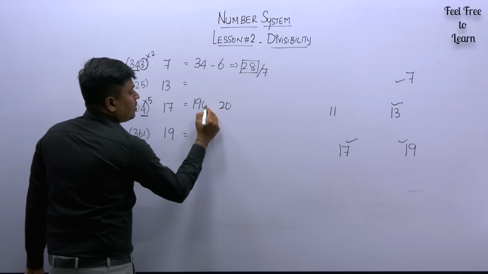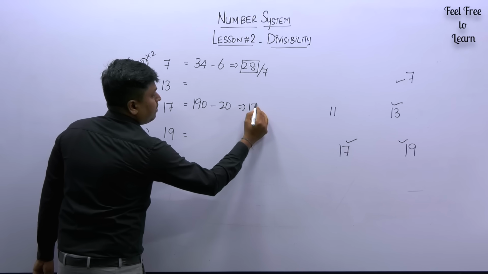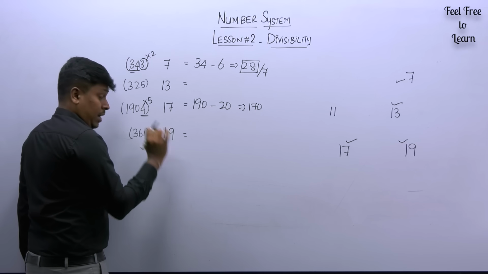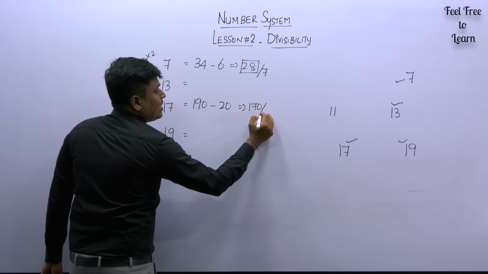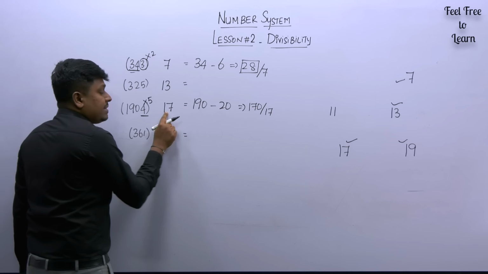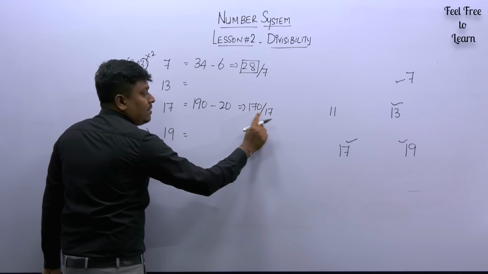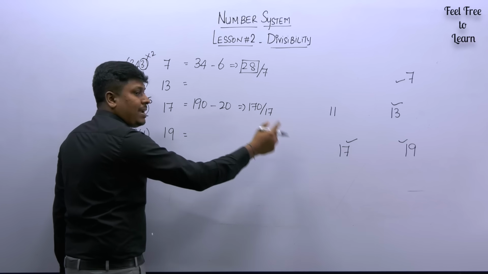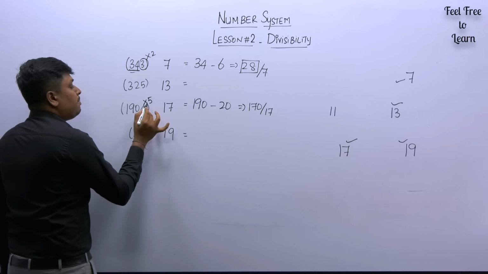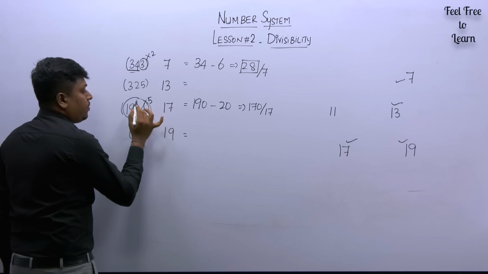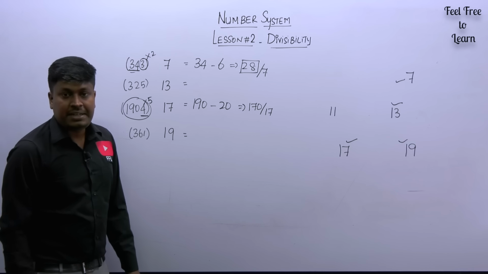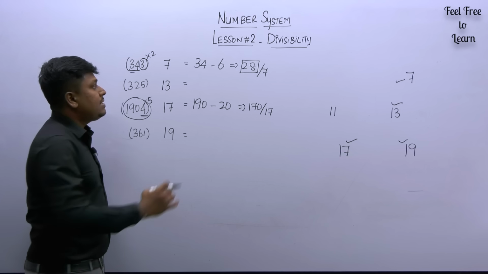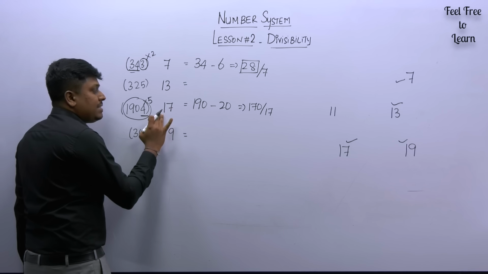Subtract 20 from 190, the resultant will be 170. Now check whether we can divide 170 by 17. Yes, it is divisible. We can divide 170 by 17. So finally we can say that the complete number 1904 is divisible by 17. Understood, friends? This is the divisibility rule for 7 and 17.